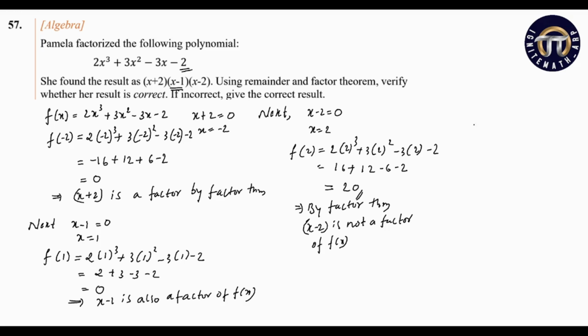Here, children, to do that, I divide the polynomial 2x cube plus 3x square minus 3x minus 2 by one of the factors, because I already got x plus 2 and x minus 1 as factors. Since the degree of the polynomial is 3, we have to have 3 factors. So now I will divide by x plus 2. 2x cube plus 4x square I get.